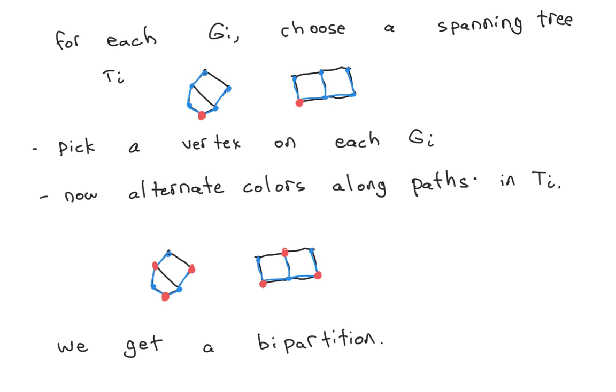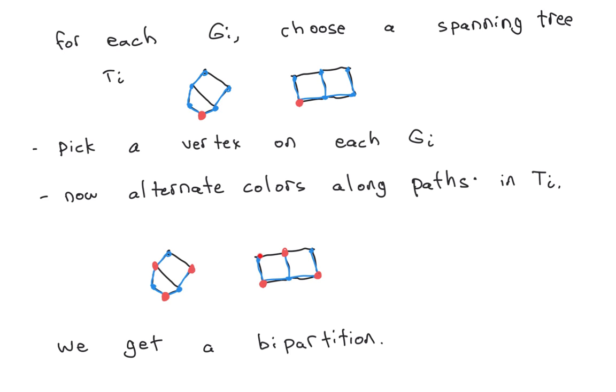There we go. And you see that you end up with a bipartition. Every edge has to be between two vertices of opposite colors. Inside the trees, this is immediately clear by the construction of this alternating path idea.